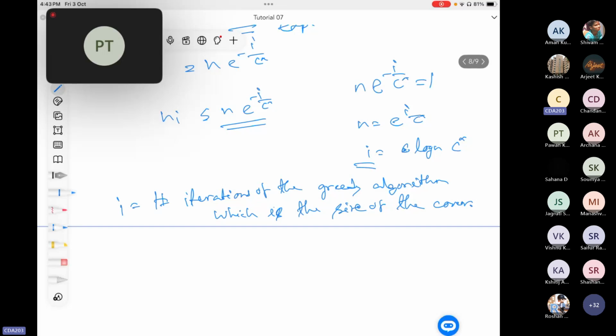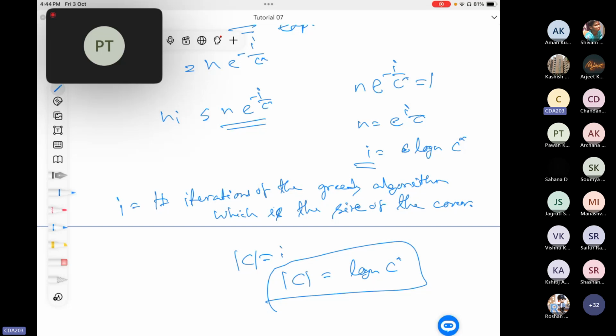The C that you obtain, the size of C, is basically i. So the size of C is equal to log n times c star. Okay, so this is the proof.